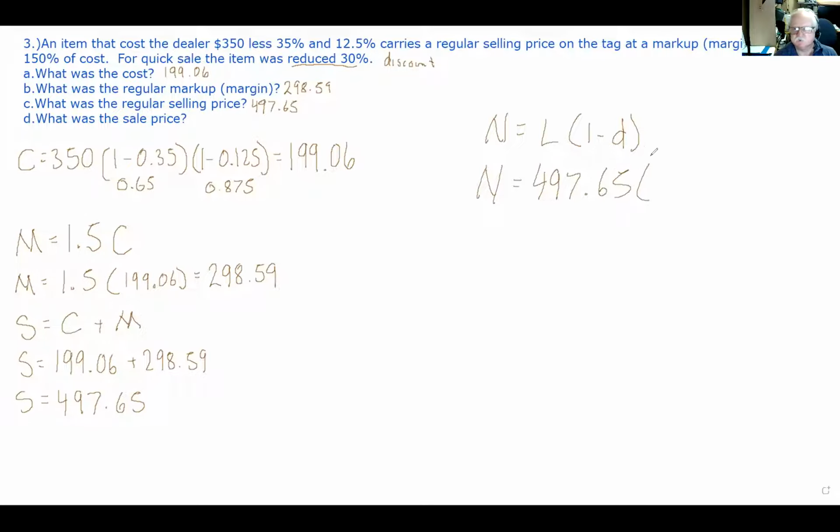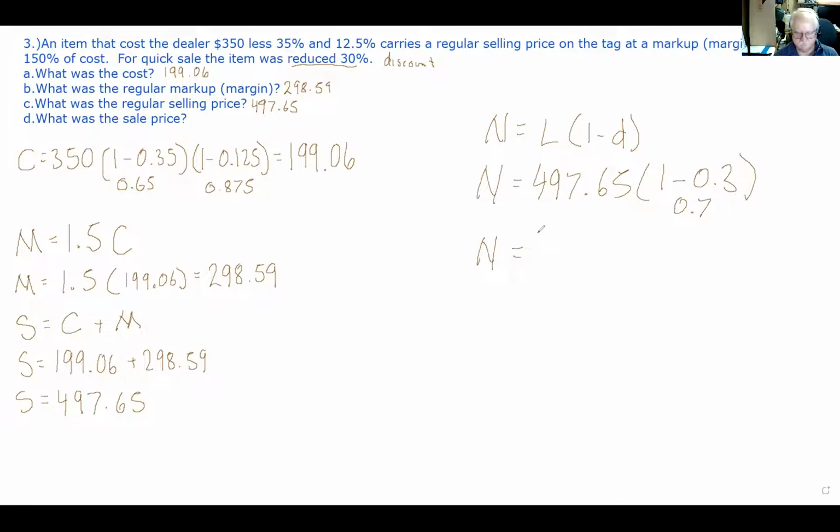And we know this is a 30% discount. So 1 minus 0.3. So this will become 0.7. And we should be able to calculate that, times 0.7.